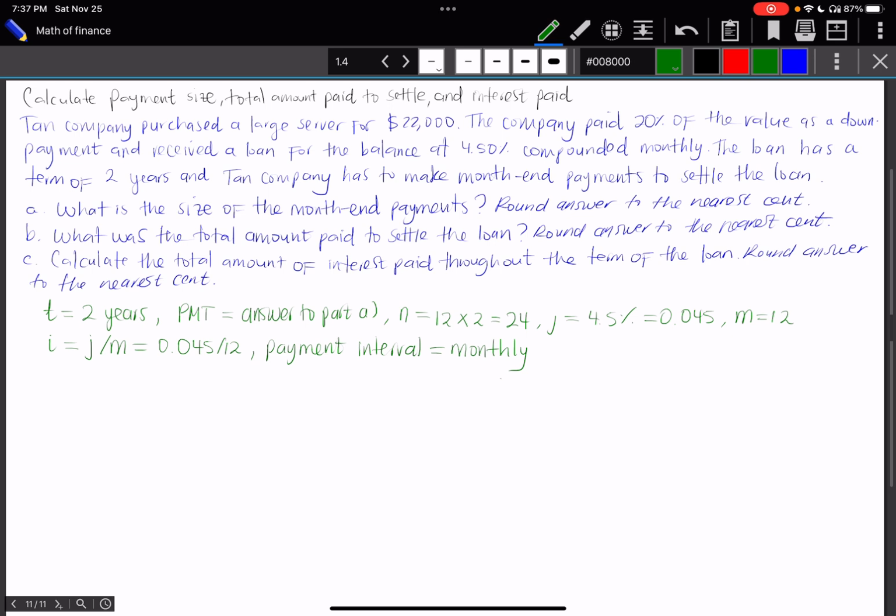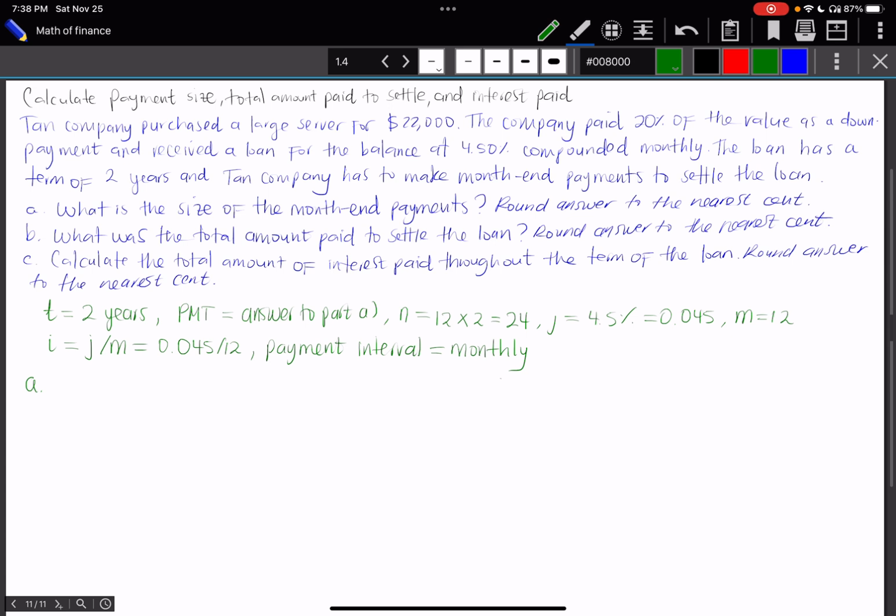Now that we have all those variables in mind, let's start working with part A of this problem. We need to find the size of the month-end payments so that Tan Company gets to settle the loan in 2 years.